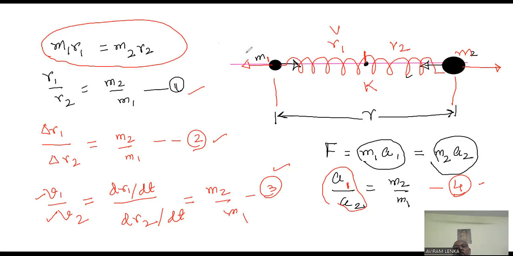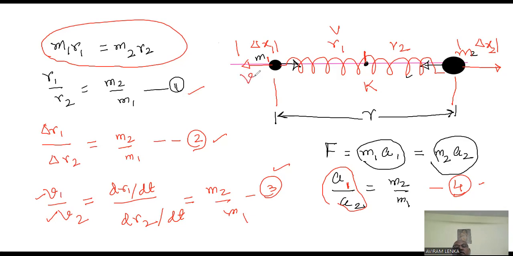When the masses go out, if after a time M1 has got a displacement delta x1 and M2 has got a displacement delta x2, we know the ratio delta x1 by delta x2 will be just like delta R1 by delta R2, that is M2 by M1.